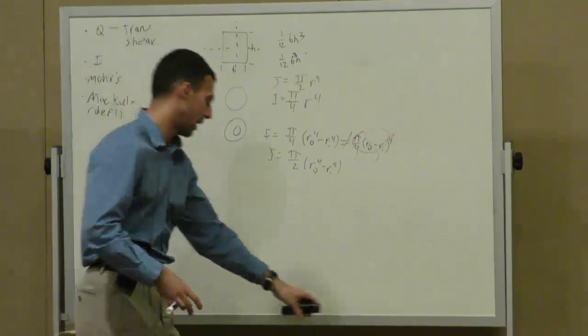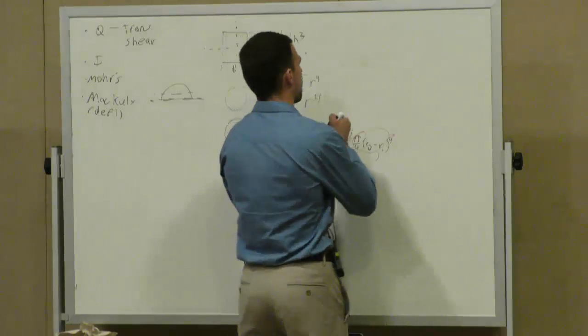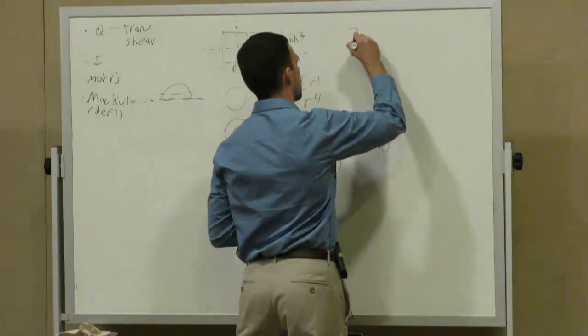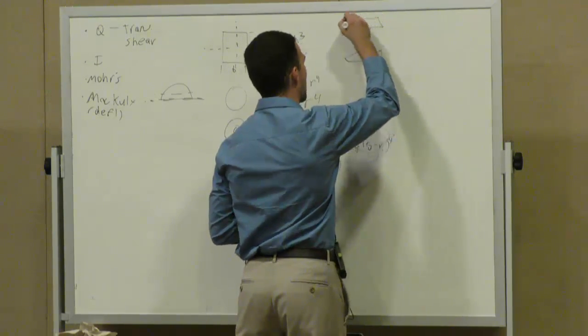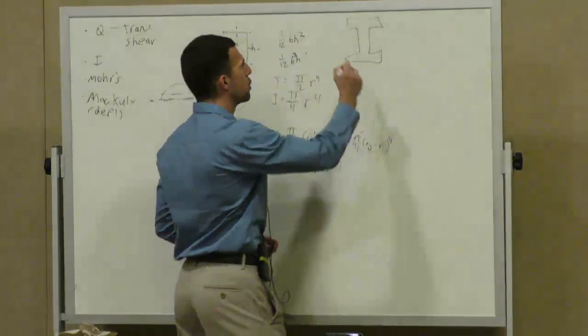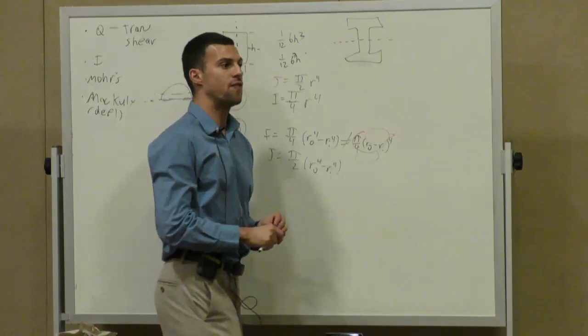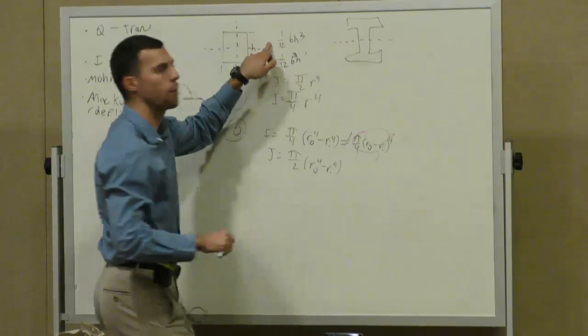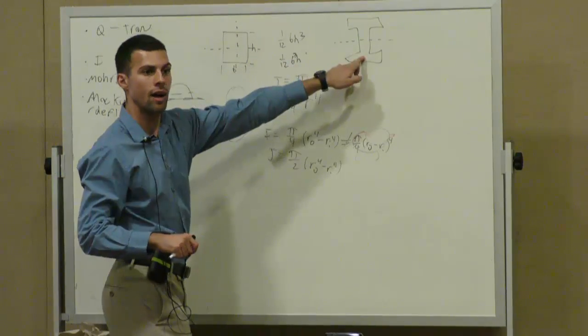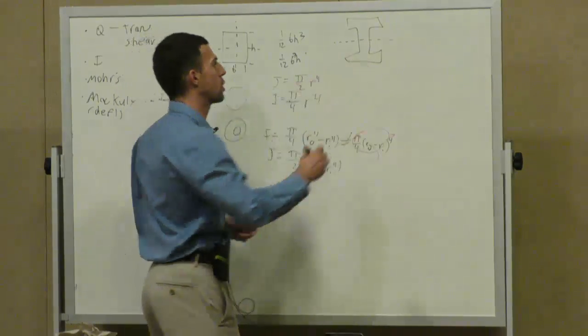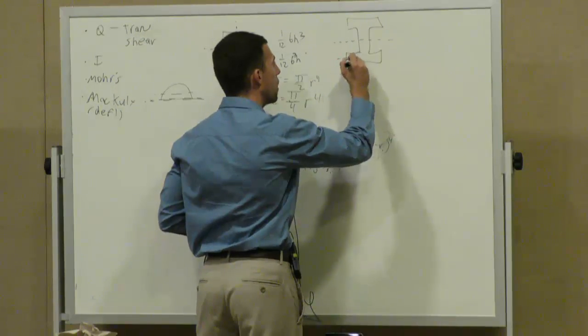Parallel axis theorem, right. In other words, when you have an I-beam, that's a really bad I-beam, but you get the idea. When you're doing the moment of inertia about its neutral axis, if you just use the 1/12 bh cubed for this guy, that is his moment of inertia about his own neutral axis.